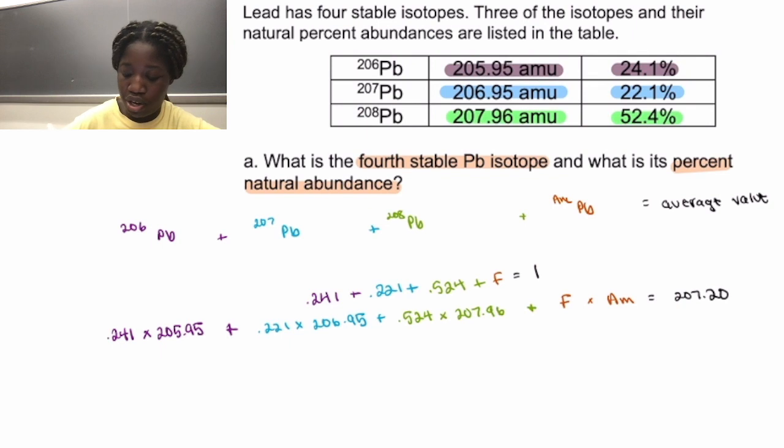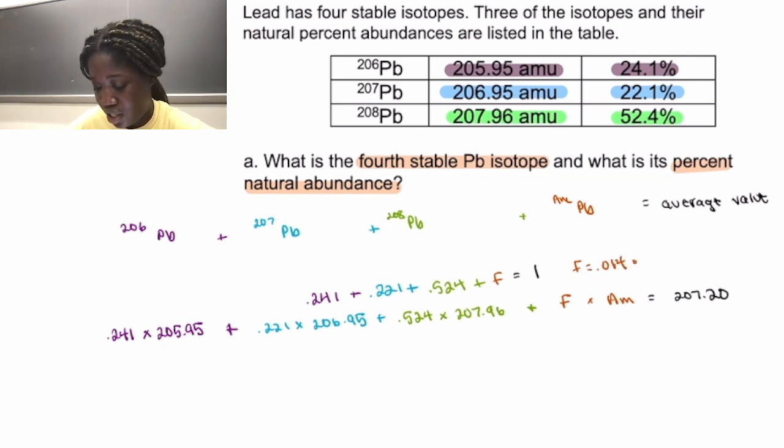And so the only unknown in this equation is our fraction. Therefore, we can solve for it. And when we do, we find the fraction is equal to 0.014, or as a percent, 1.4%.